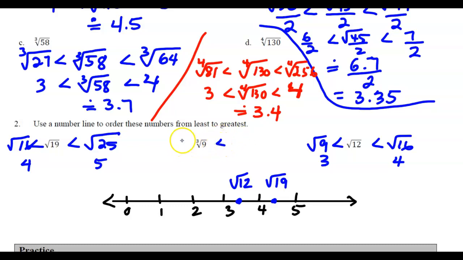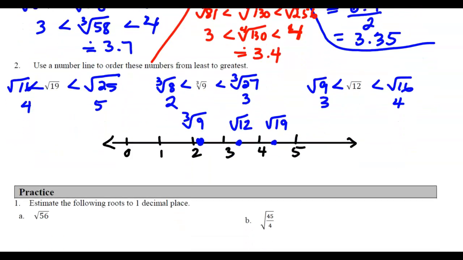So 9 is close to 8, so it's greater than cubed root of 8, and then less than cubed root of 27. 9 is very close to 8. So it's just a little bit more than 2. So it would go here. Okay. If it didn't ask for a number line, then you just put them in order.